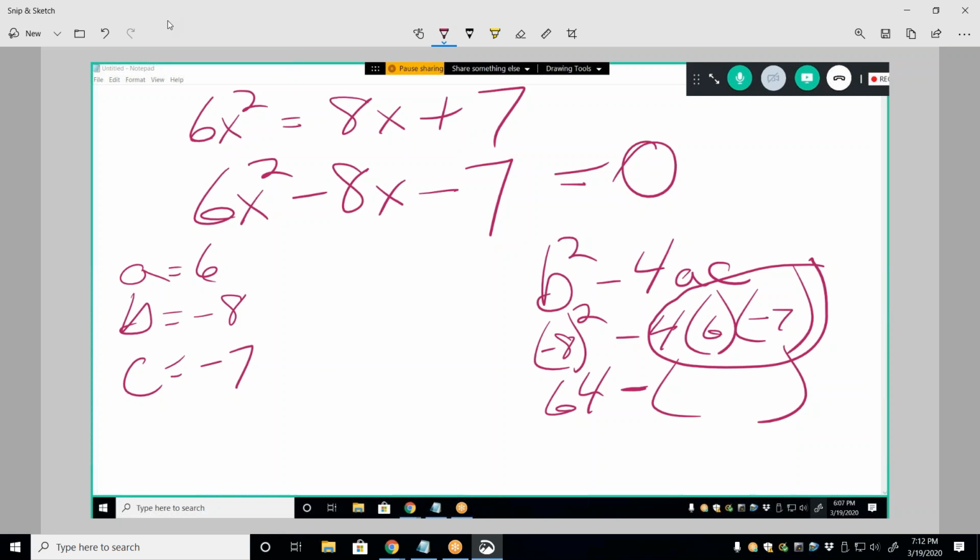Need sign first. -168? Sure. In other words, I've got two positive numbers and a negative number. So that's always going to be a negative number. And that's why I insist on you doing it this way, because now it's really just adding those two numbers. So what is the discriminant?